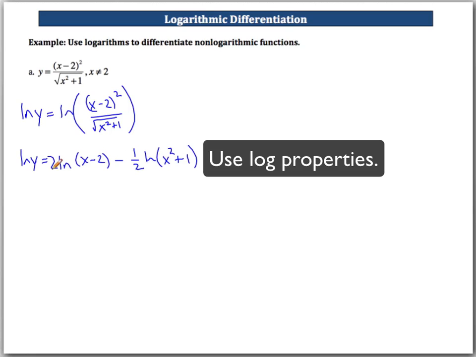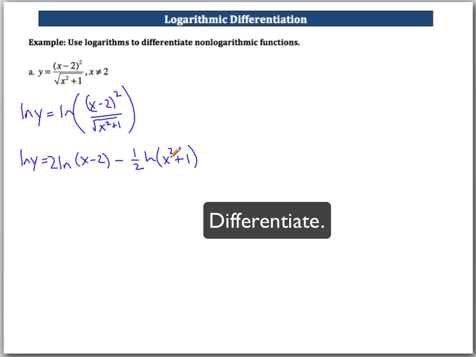And now what we want to do is differentiate this. And we end up differentiating the entire thing. Okay, so we want to take the derivative with respect to x of all of this. Okay, so the derivative of natural log of y is going to be y prime over y.